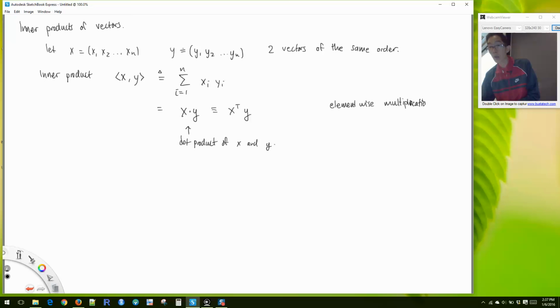Multiplication and summation. Okay, so here are some properties of dot products, or inner products.